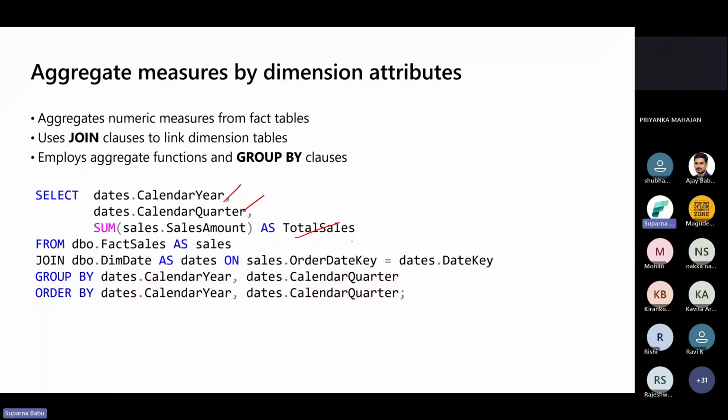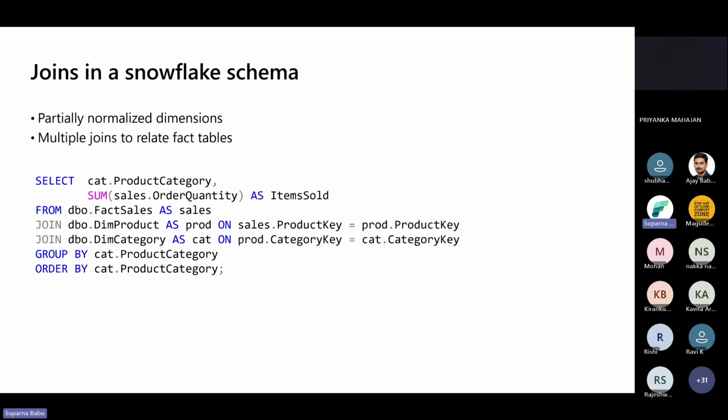I'm joining fact sales with dim date on the date key column, and using group by calendar year, calendar quarter. Before aggregations, we need to write group by, and later I order by calendar year and calendar quarter in ascending format. Like this, you can create the aggregated measure with the help of dimensions.